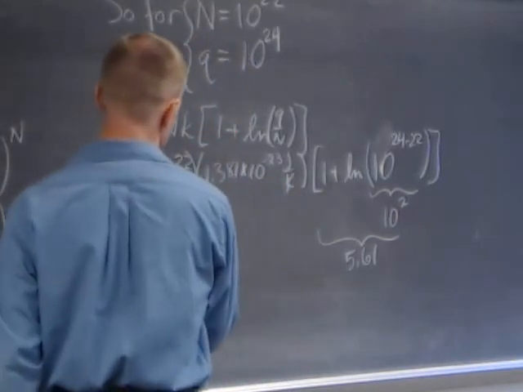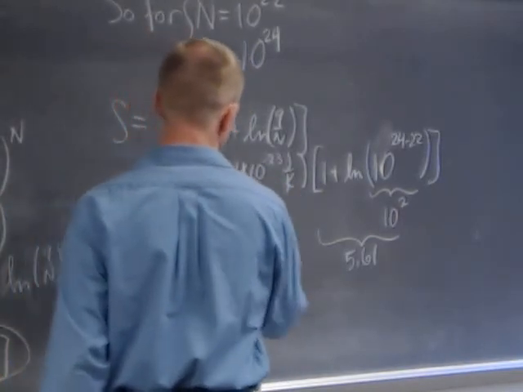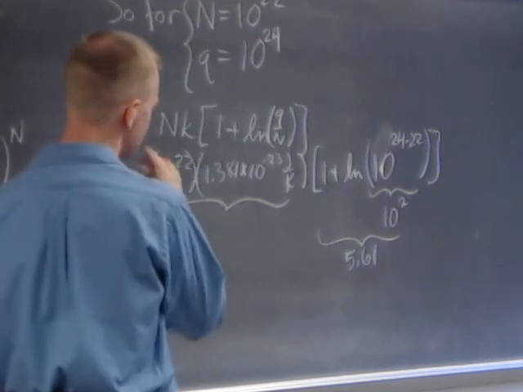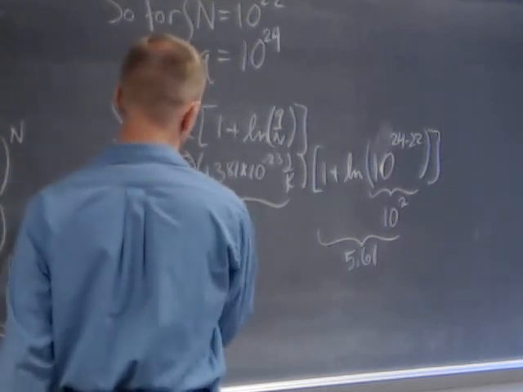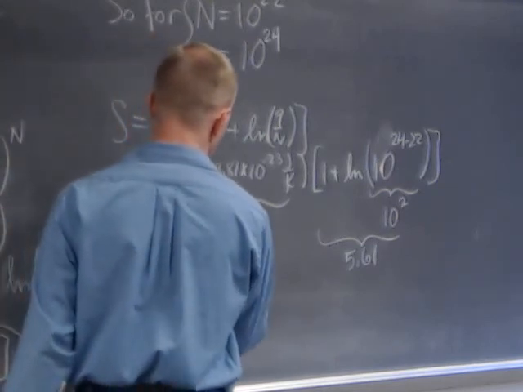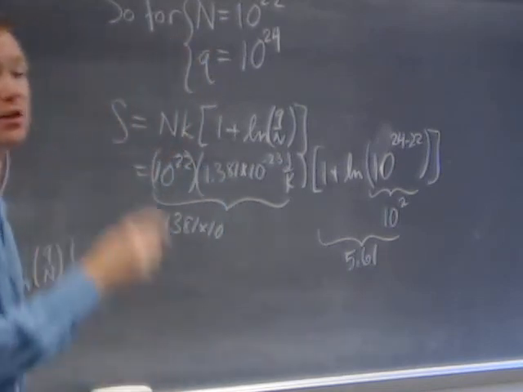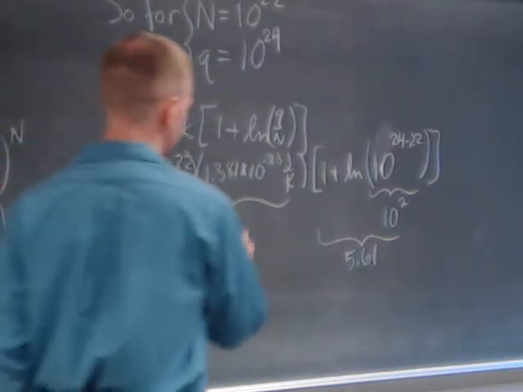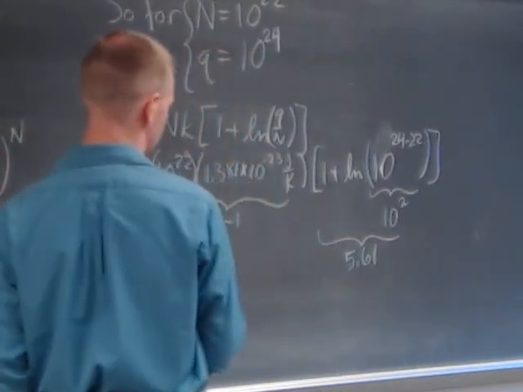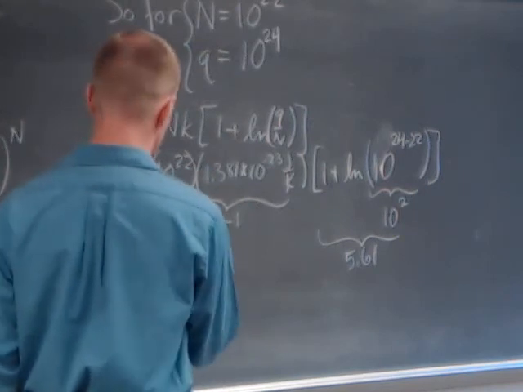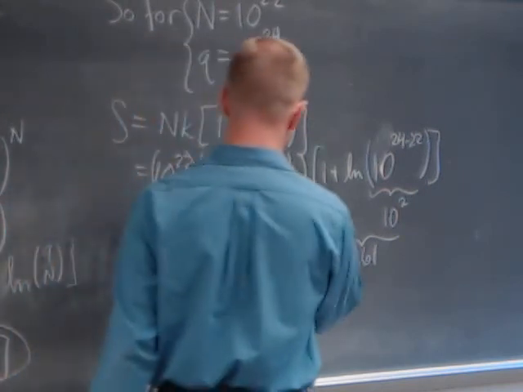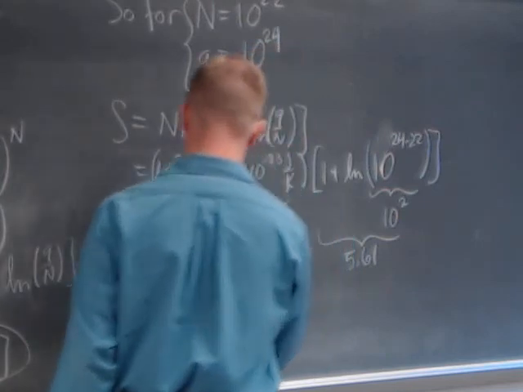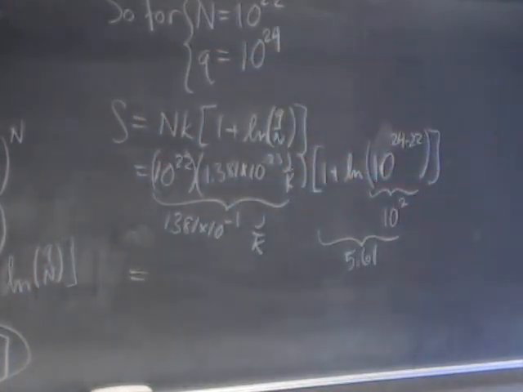And here we've got 1.381 times 10 to the 22 minus 23, so that's 10 to the minus 1 there. And joules per Kelvin. So that's actually a pretty easy number to do.